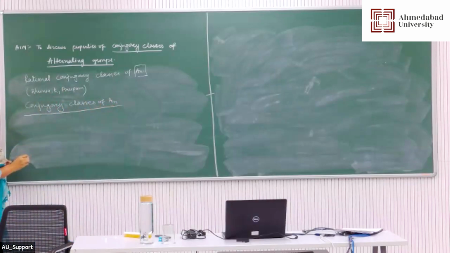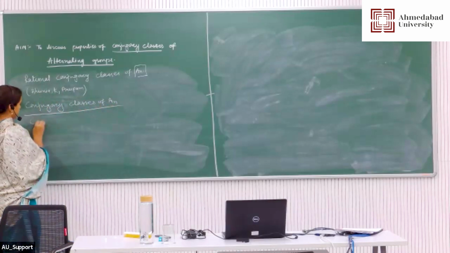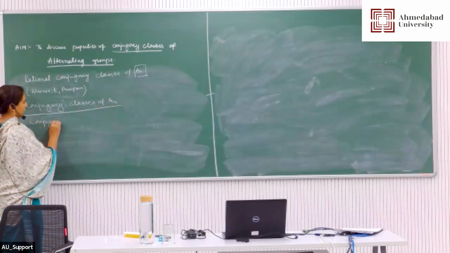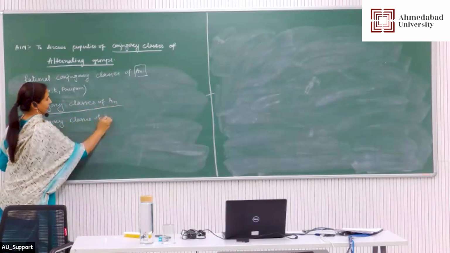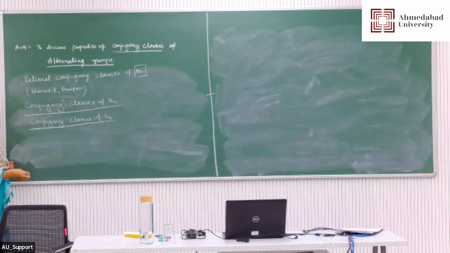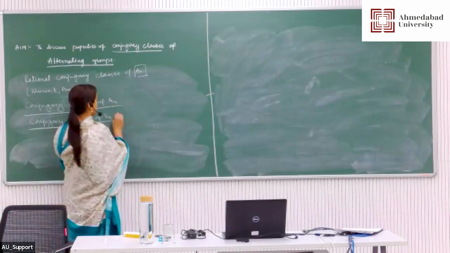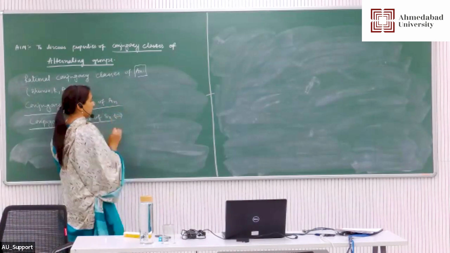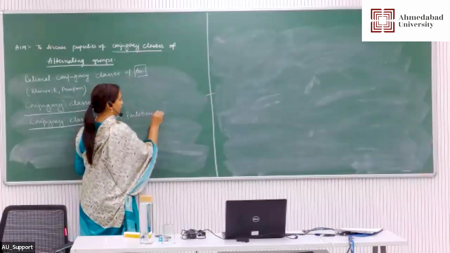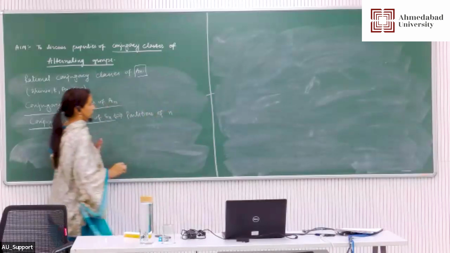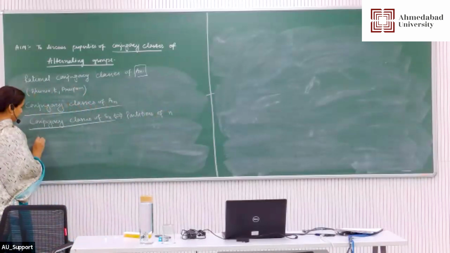So for that, I first discuss the conjugacy classes of Sn. Conjugacy classes in Sn are in one-to-one correspondence with partitions of n. Now, what do I mean by a partition of n?